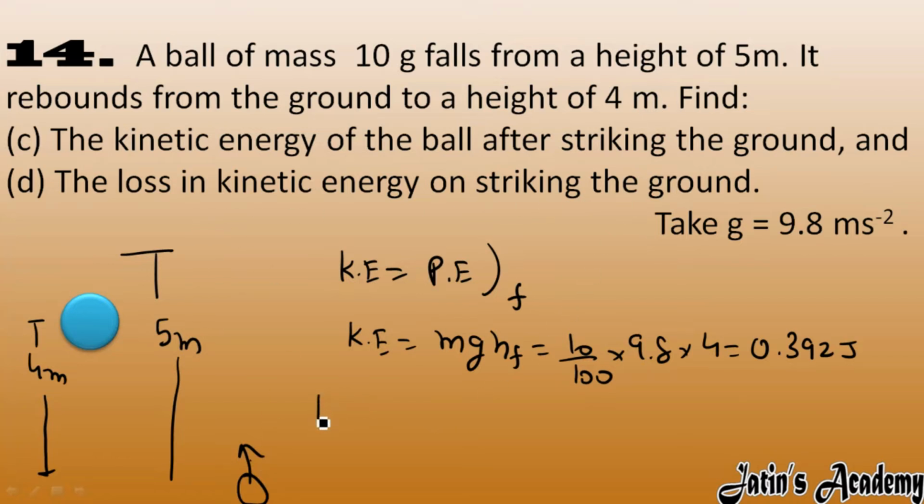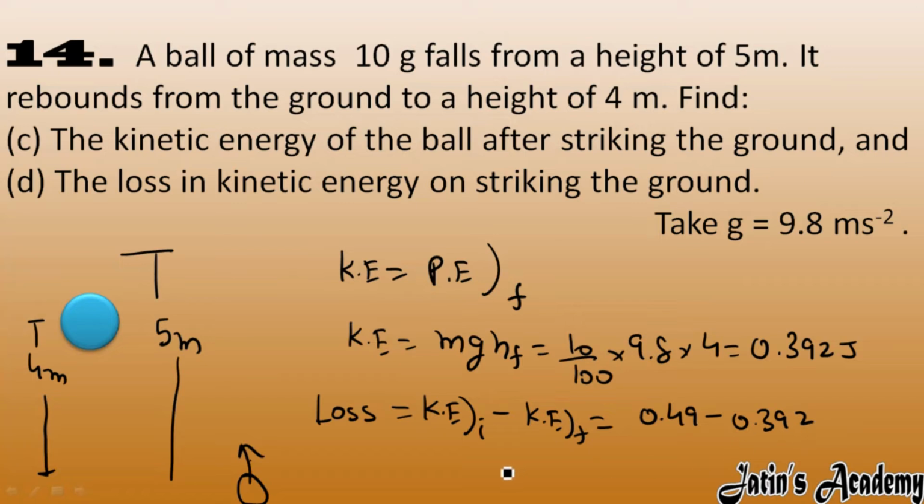Loss in kinetic energy we have, that is initial kinetic energy minus final kinetic energy. So initial kinetic energy we have calculated as 0.49 and final kinetic energy we have 0.392.